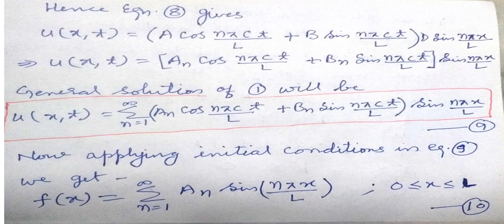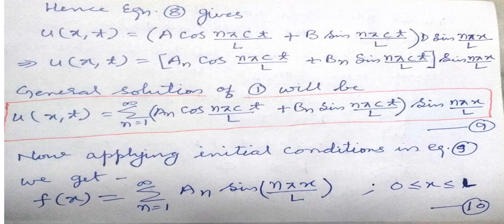So equation 8 will give u(x,t) equal to (A cos n pi ct upon l plus B sin n pi ct upon l) multiplied by D sin n pi x upon l, or we have u(x,t) equal to (an cos n pi ct upon l plus bn sin n pi ct upon l) into sin n pi x upon l.